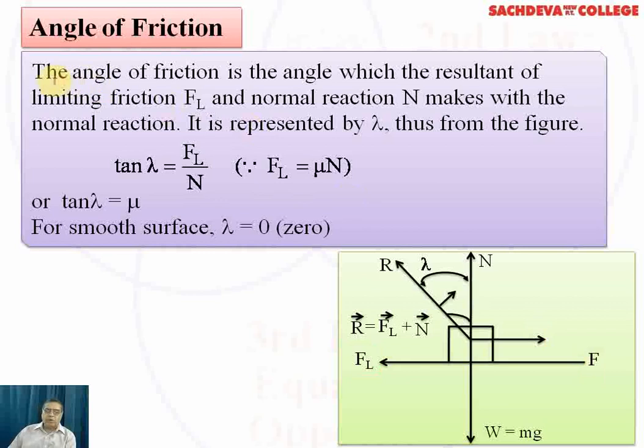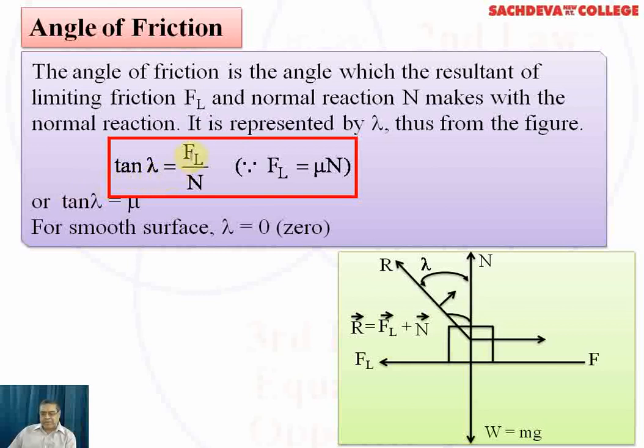Now we can put the whole thing in this context like this. The angle of friction is the angle which the resultant of the limiting friction FL and the normal reaction N makes with the normal reaction. It is represented by lambda. Thus, from the figure, tangent lambda. Now, tangent means perpendicular over base.